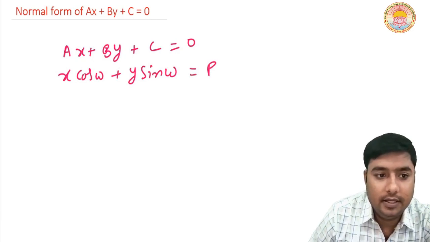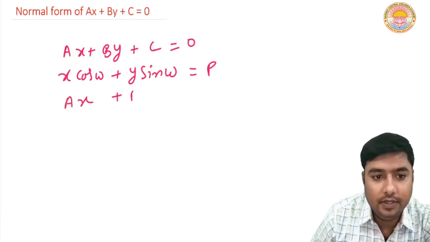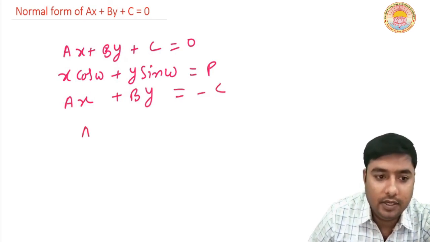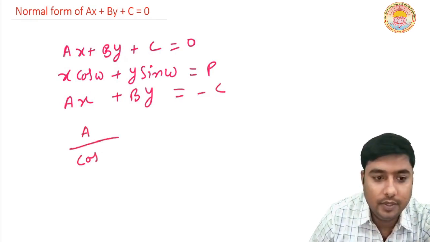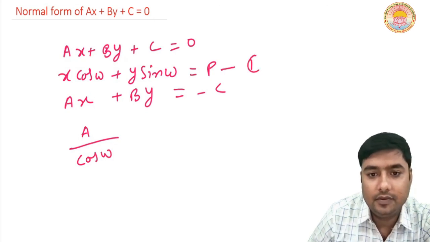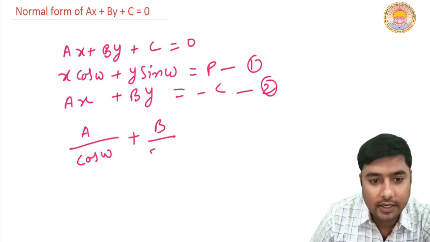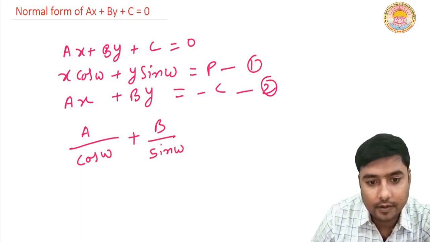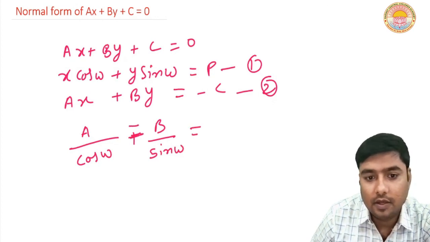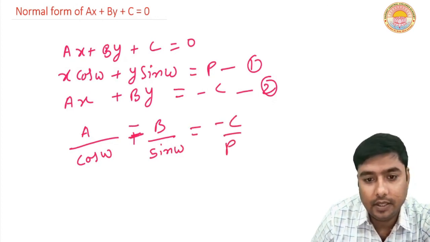We can write ax plus by equals minus c. Now comparing the first and second equations, a upon cos omega equals b upon sin omega equals minus c upon p.